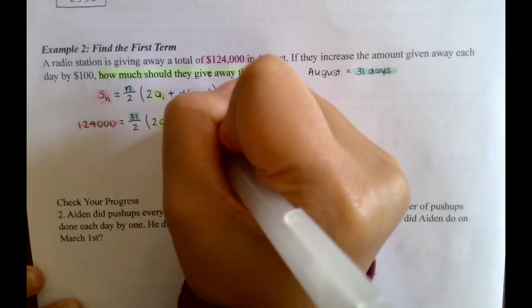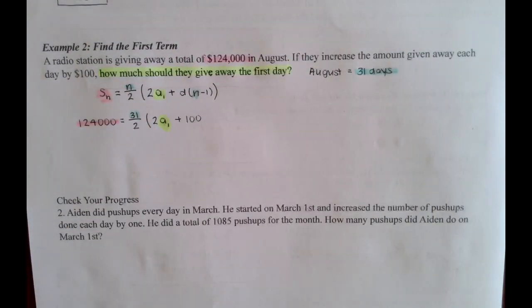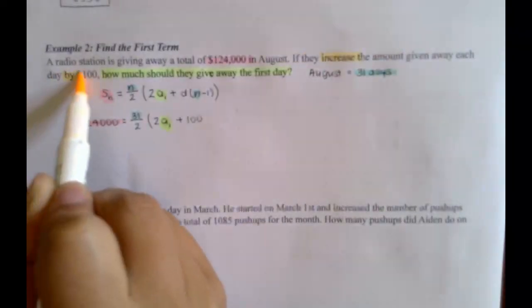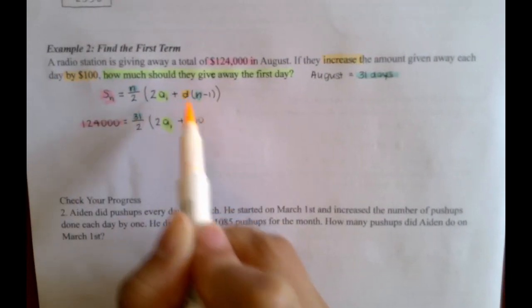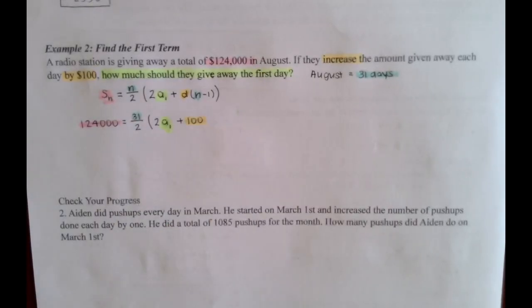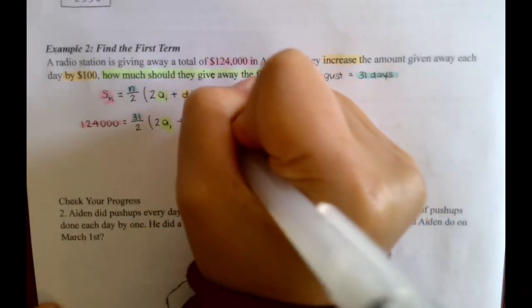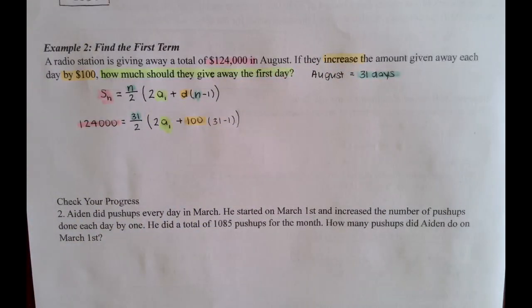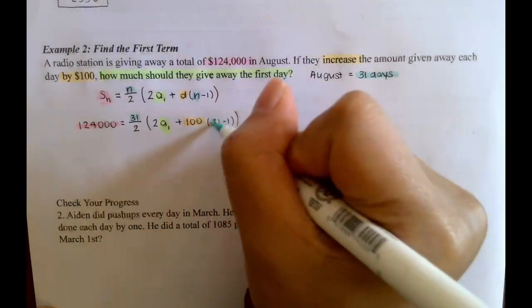So that's going to be 100. Increase by $100 each day. So that's why it's going to be positive 100, and then again 31 days minus 1. Okay, and then now the rest of it is really kind of similar to algebra 1.